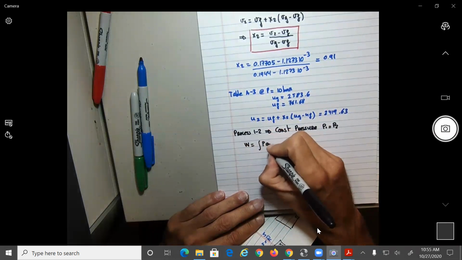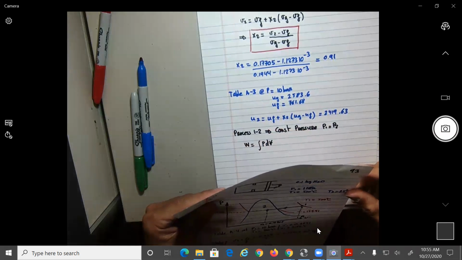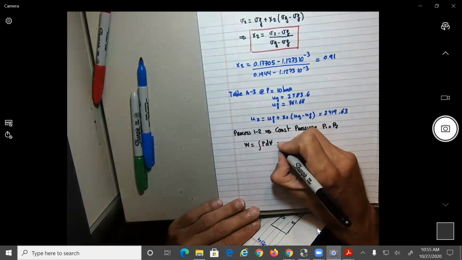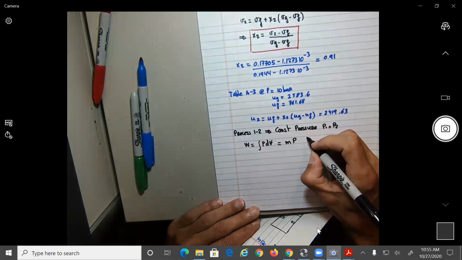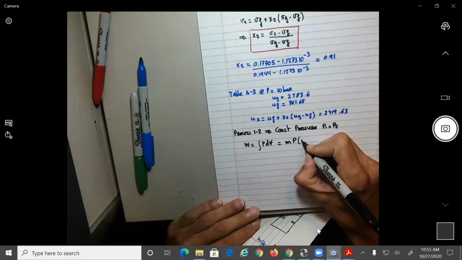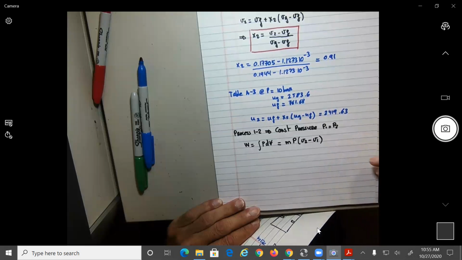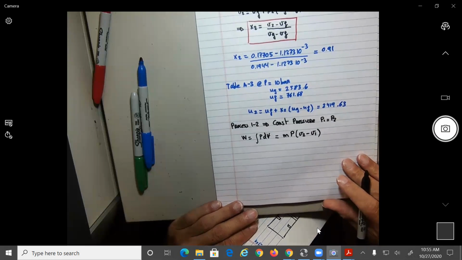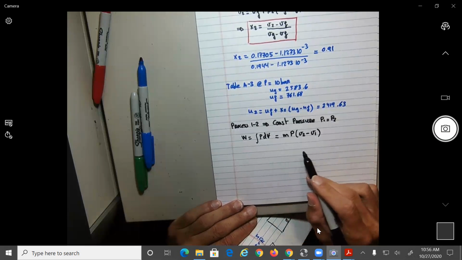Integral of P dV, no? Did they give us the mass in this problem? Yes. So this should be equal to, for a constant mass, M P V2 minus V1. Do I need to elaborate this equation, or that's fine? I mean, this one should be fine, no? Yes or no? I mean, is it good?